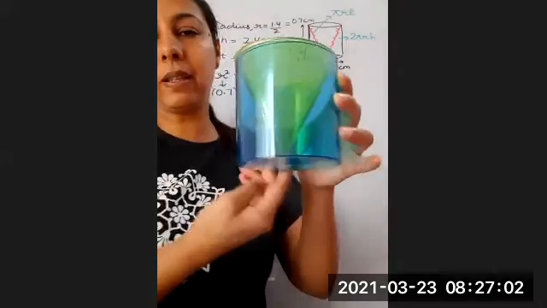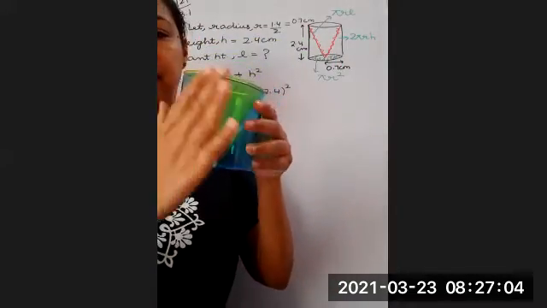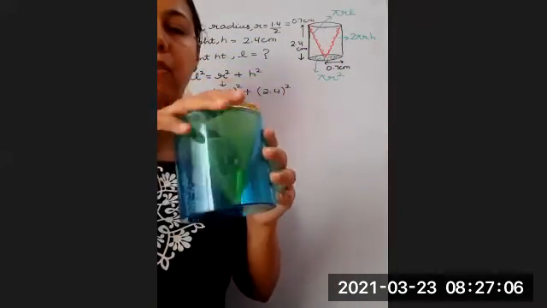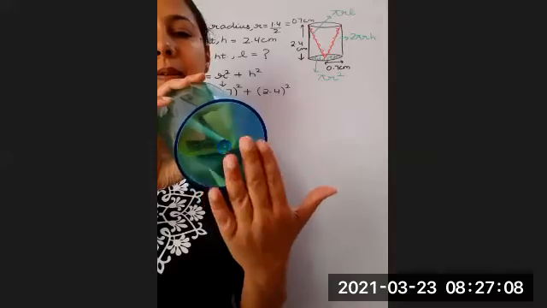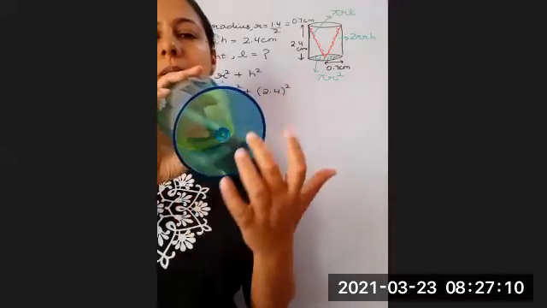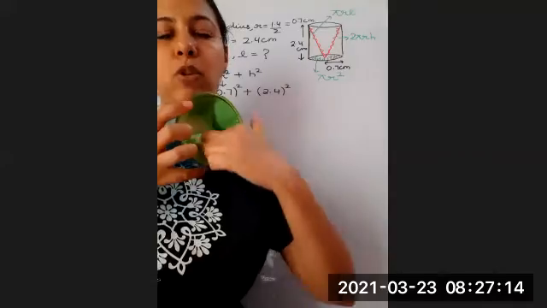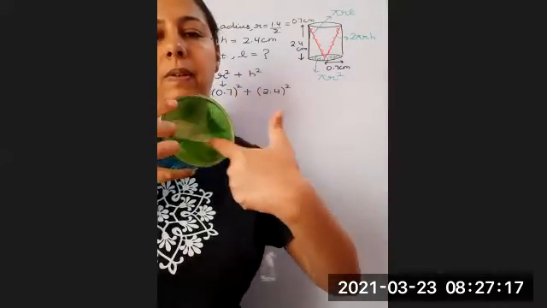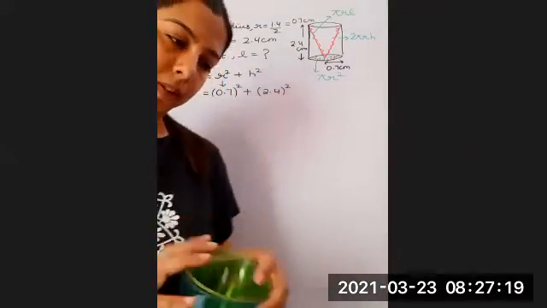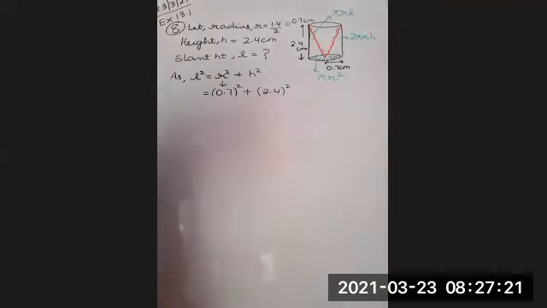Will you be painting this? CSA of cylinder. Very good. Will you be painting this? Area of the base. And will you be painting this yellow portion also? CSA of cone. So that is what we are doing here.